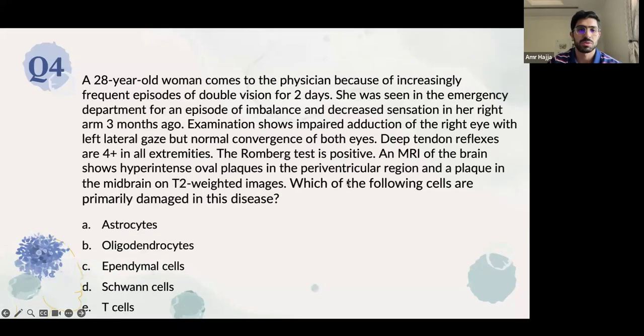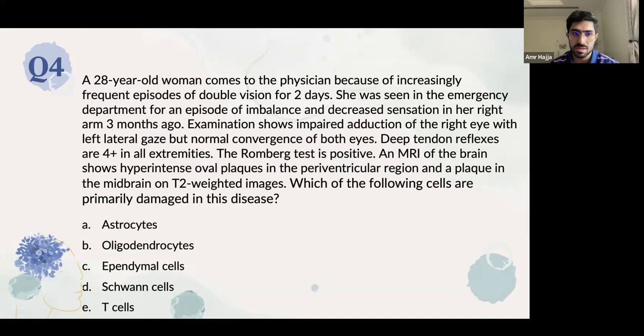So, question 4. A 28-year-old woman comes to the physician because of increasingly frequent episodes of double vision for 2 days. She was seen in the emergency department for an episode of imbalance and decreased sensation in her right arm 3 months ago. Examination shows impaired adduction of the right eye with left lateral gaze, but normal convergence of both eyes.